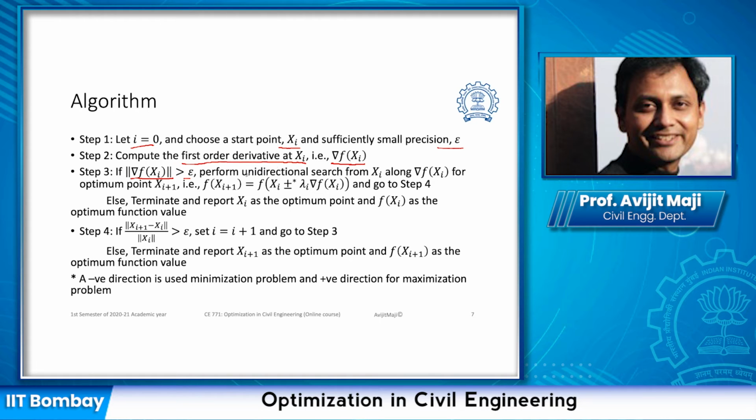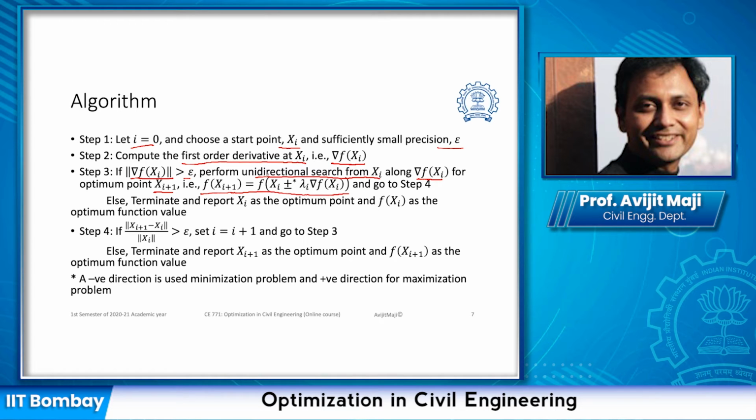then we need to perform a unidirectional search from the point where we started along the direction of the gradient. This search is going to lead us to the optimum point, which is going to be our next point, and this optimum point's objective function value can be represented this way.